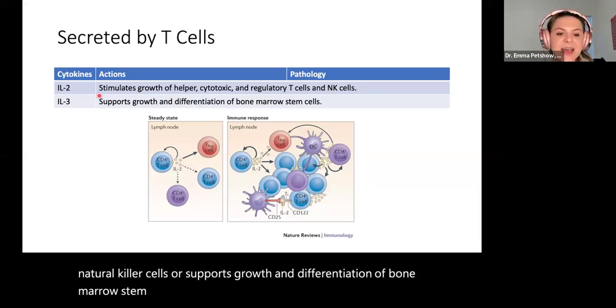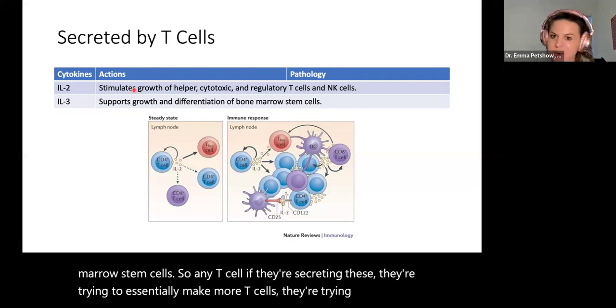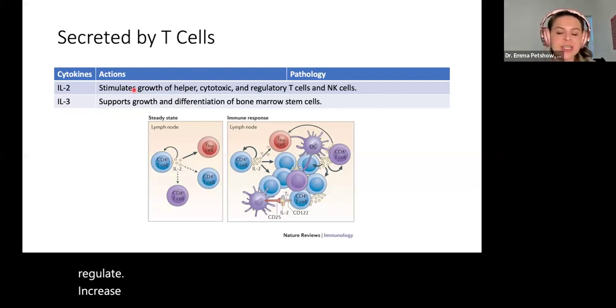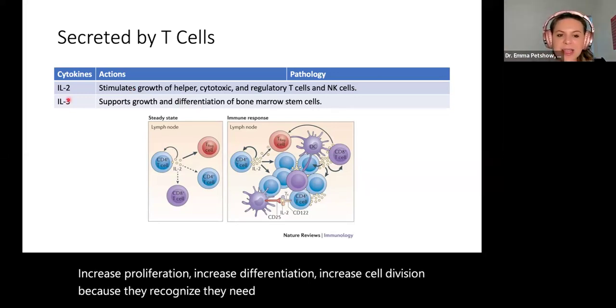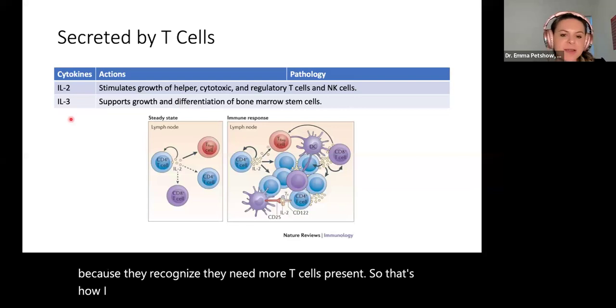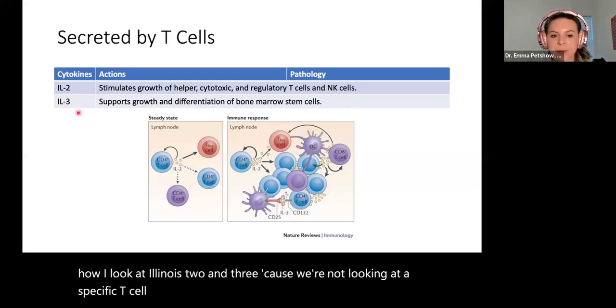So any T cell, if they're secreting these, they're trying to essentially make more T cells. They're trying to upregulate, increase proliferation, increase differentiation, increase cell division because they recognize they need more T cells present. So that's how I'd look at IL-2 and 3, because we're not looking at a specific T cell type. We're looking at T cells in general.